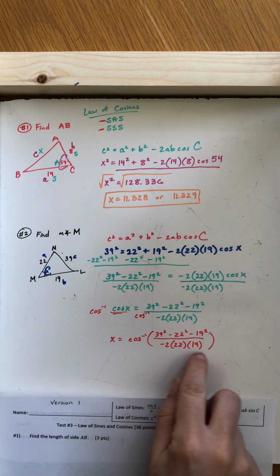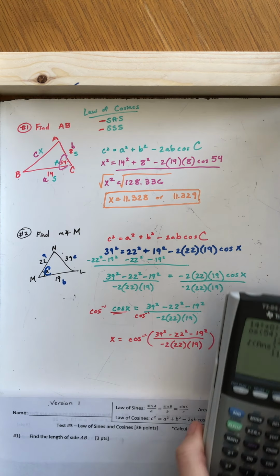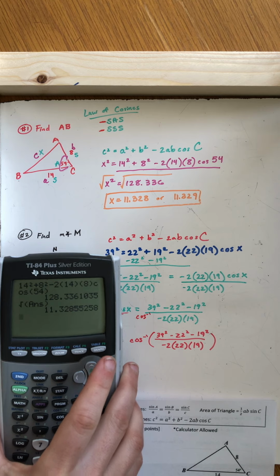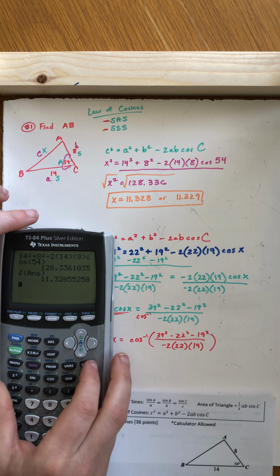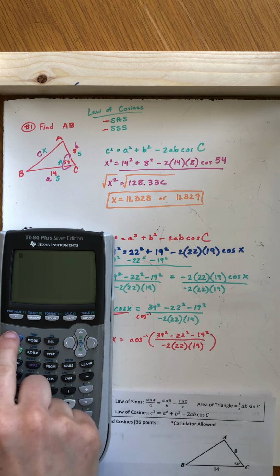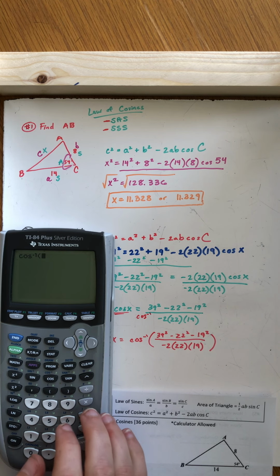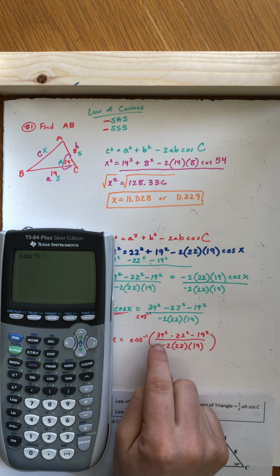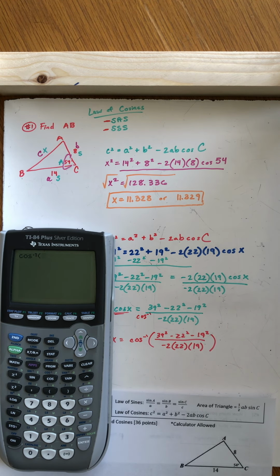And now, since this whole side is numbers, I can put it in the calculator all at once. It does get a little bit tricky, so let me see if I can show you how to do it in this scientific calculator. We have to use a set of parentheses for the top. So when you type in inverse cosine, it comes up with this.